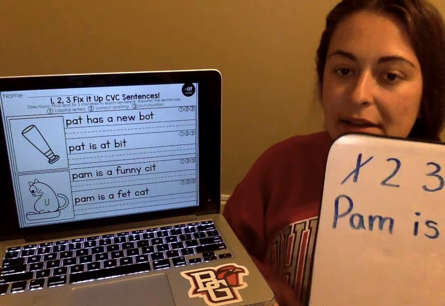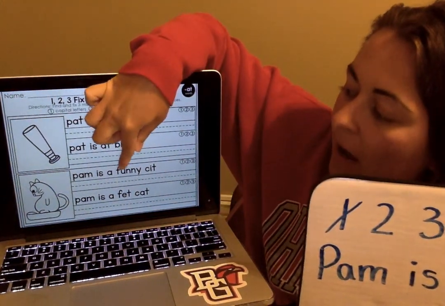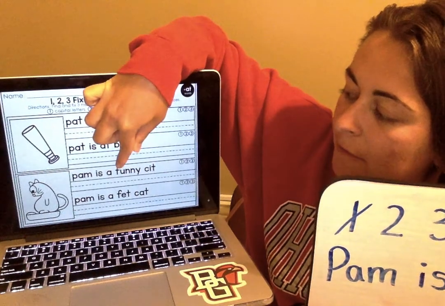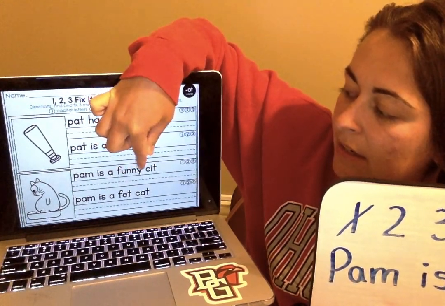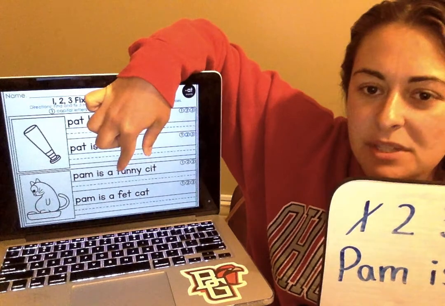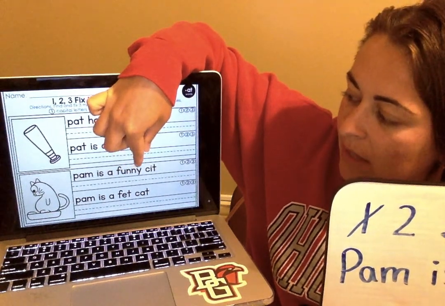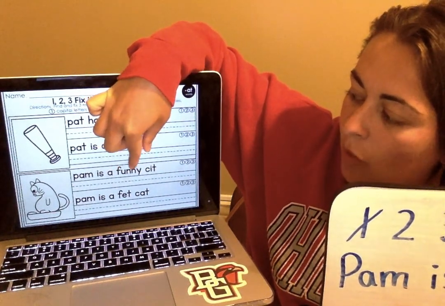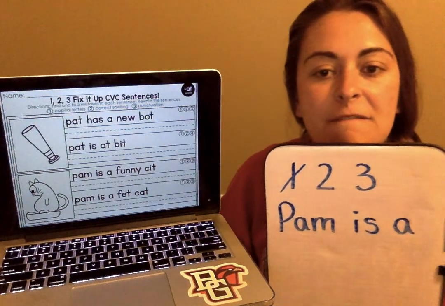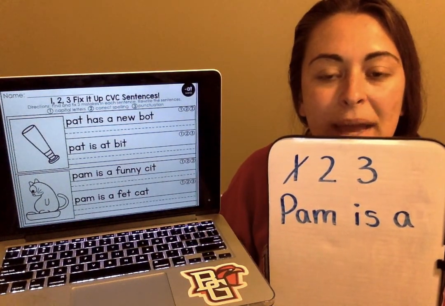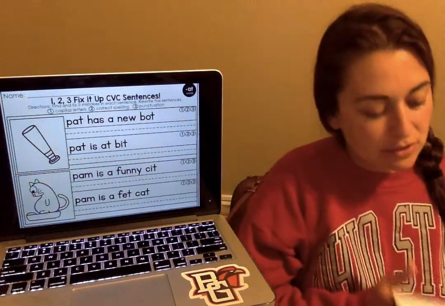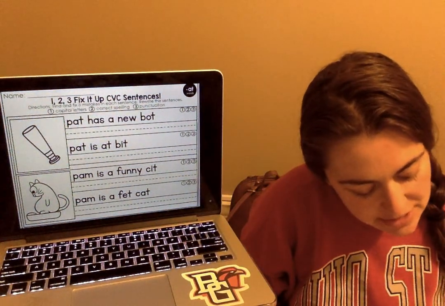Let's see if we can sound it out together. So we know we see the word fun in there. And if we add a Y to fun, it becomes funny. So Pam is a funny. So let's write funny.